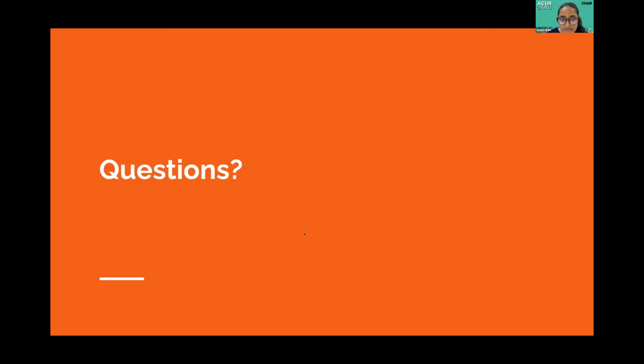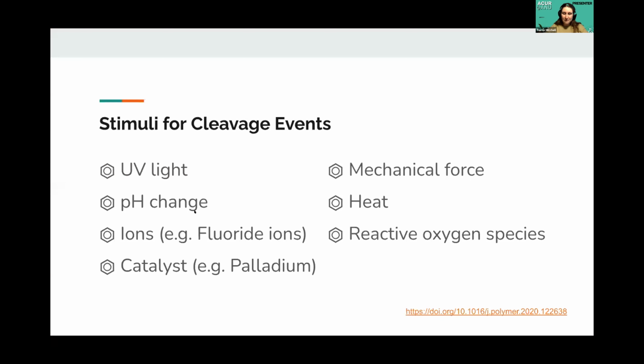Great. There's another question. So what are the commercially available starting materials used in the synthesis? Oh, I do not know the chemical names of them off the top of my head. I can find, if you're interested in seeing the actual chemical structure of what that looks like, I think that has the names on it.